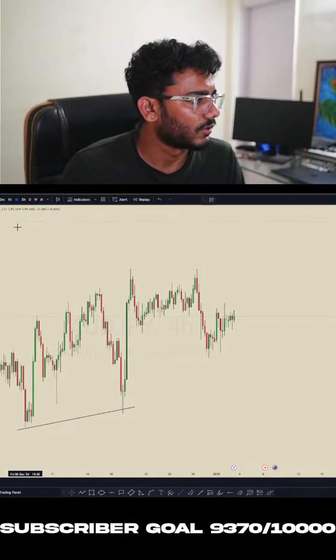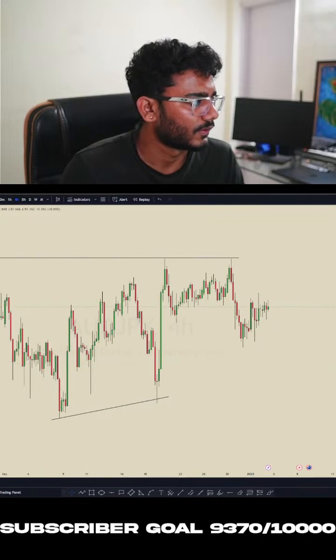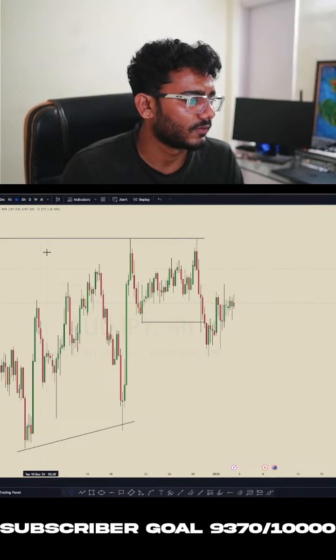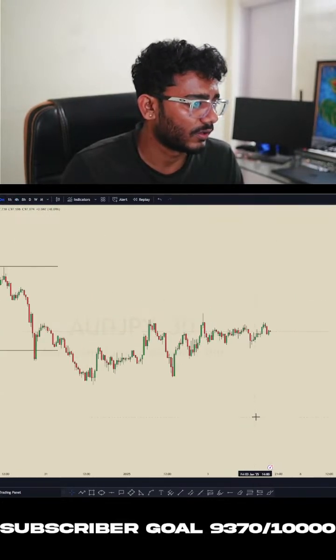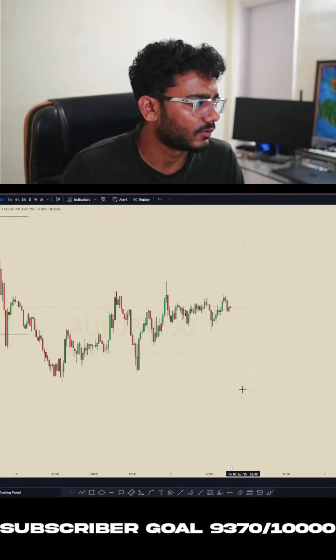Okay, so I think on 4 hour there's a lot of liquidity above this high. So then again, price broke the structure. If we look at it, there's nothing on higher time frame, but we can look for entries to the buy side on internal, like lower time frame. So we have to look for inducement.